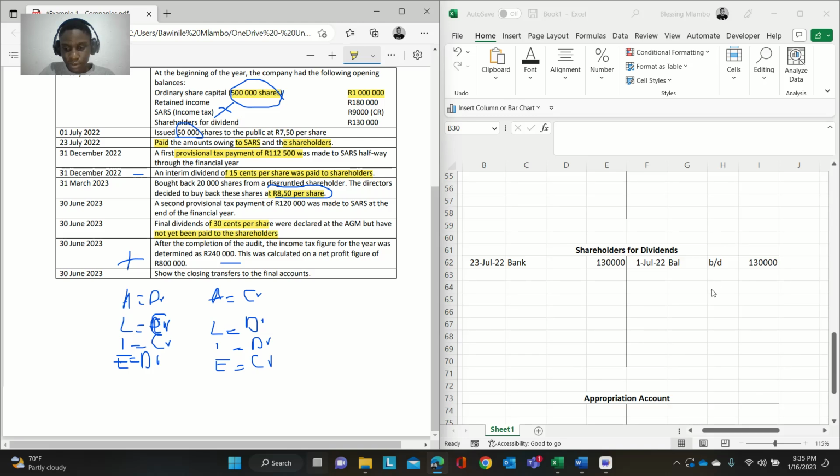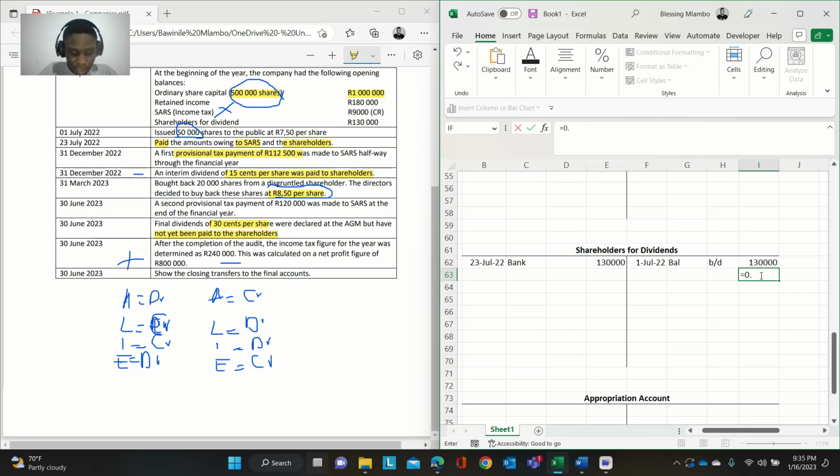So this liability will be increasing on the credit side. Since we declared 30 cents, we're going to say 0.3 times the number of shares in issue at this date, which was the 500,000 shares in issue at the beginning plus this 50,000, but we have to subtract those 20,000 shares which the company bought back.